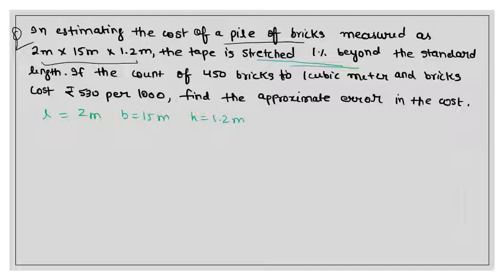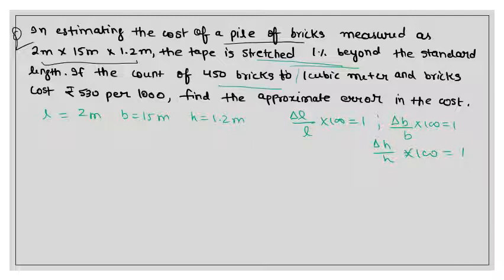So all these dimensions have a percentage error of 1%, because in error, that mason has increased or stretched it by 1%. So this is also 1%, and in height you have got 1%.